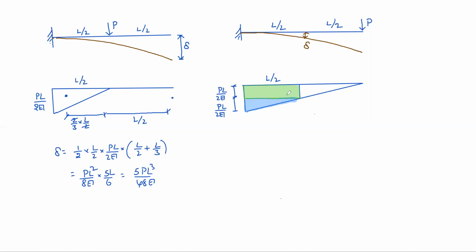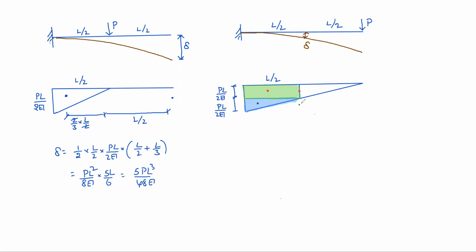For this we need to measure the distance from here. This is the centroid from here to here. For the other one, this is the centroid from here to here.